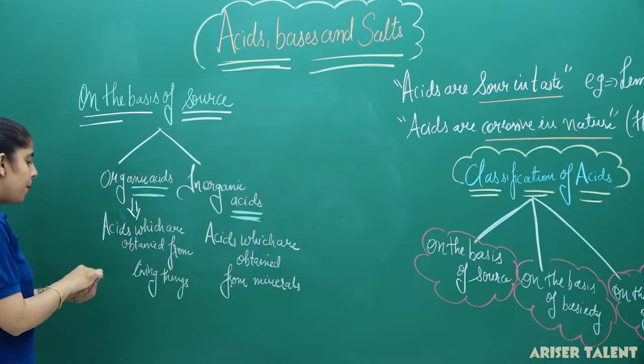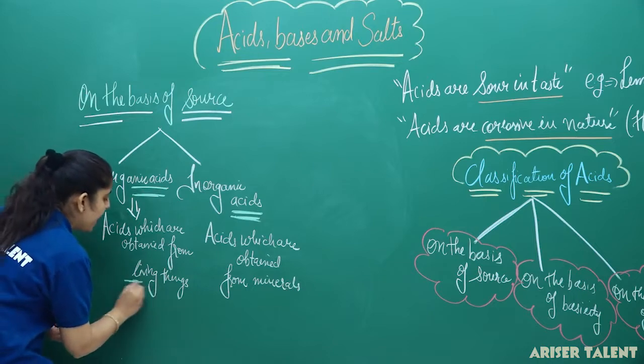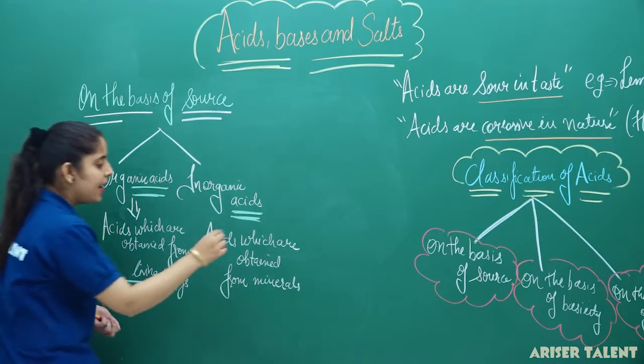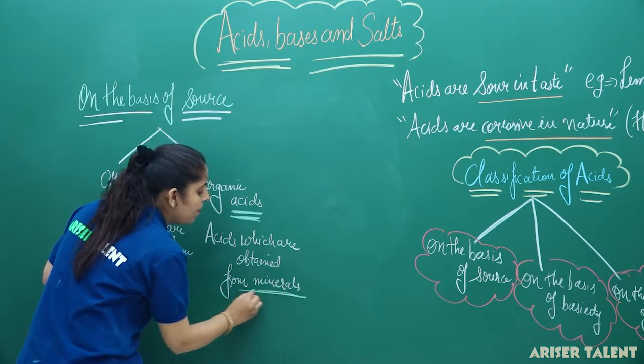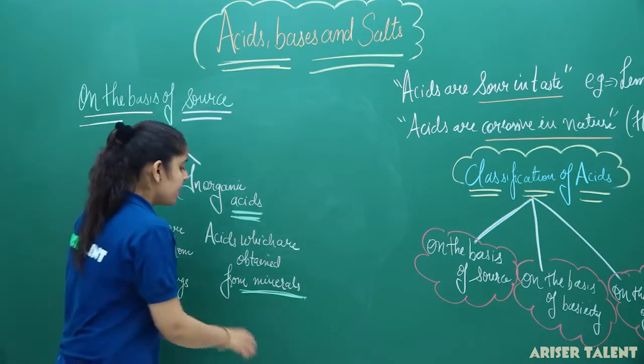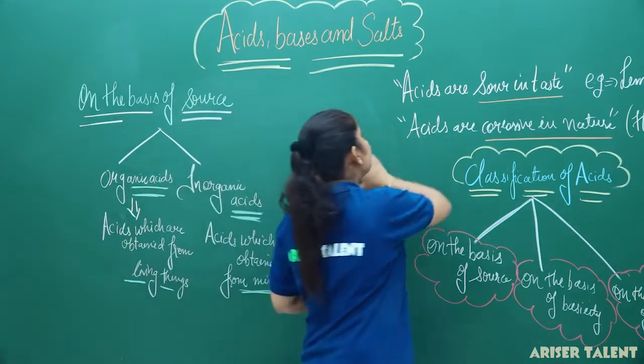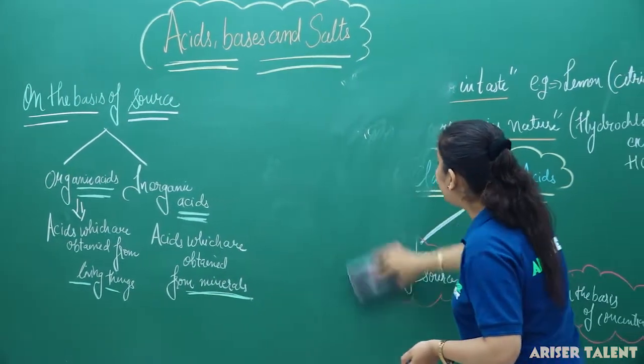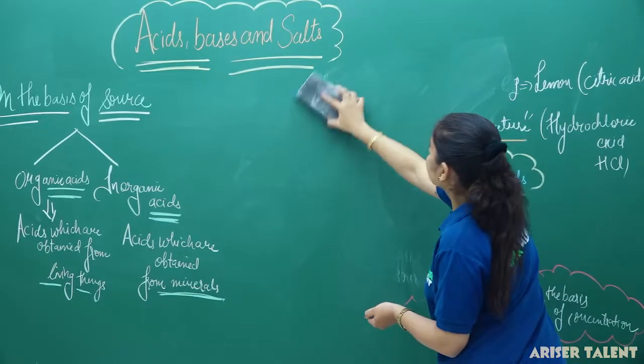So, acids which are obtained from living things are known as organic acids, and the acids which are going to be obtained from mineral sources are known as the inorganic acid. Clear? Now, let's see what the examples are. From the examples it becomes clear what these acids are.